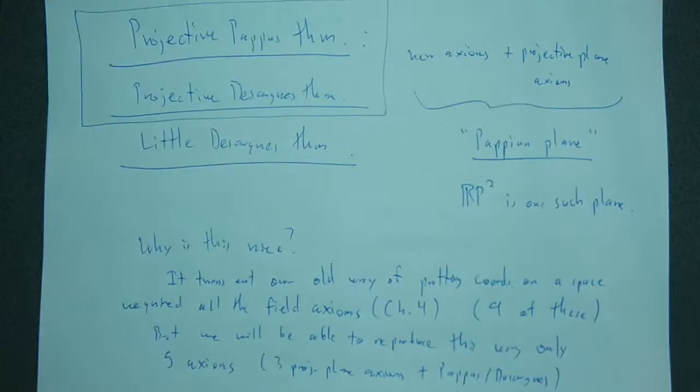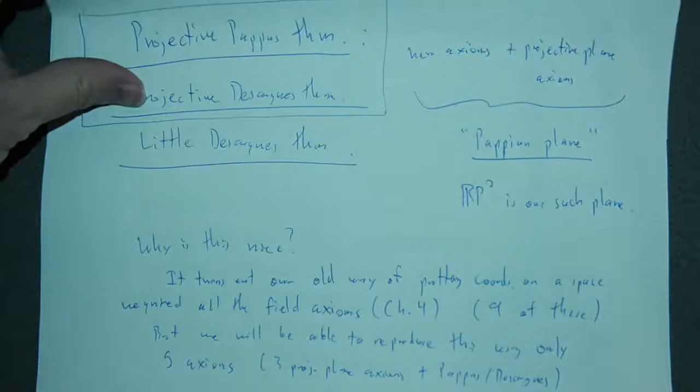It's also not immediately clear, when you see the projective plane axioms, Pappus and Desargues's theorem, why this would do it. So that's what we're going to be doing for the rest of the chapter.